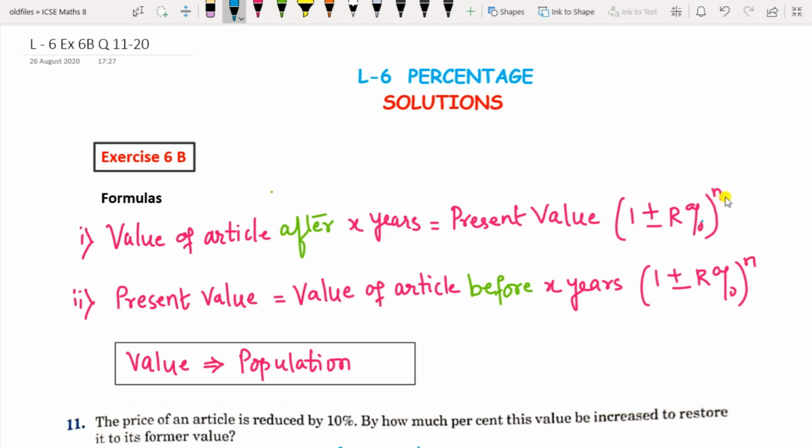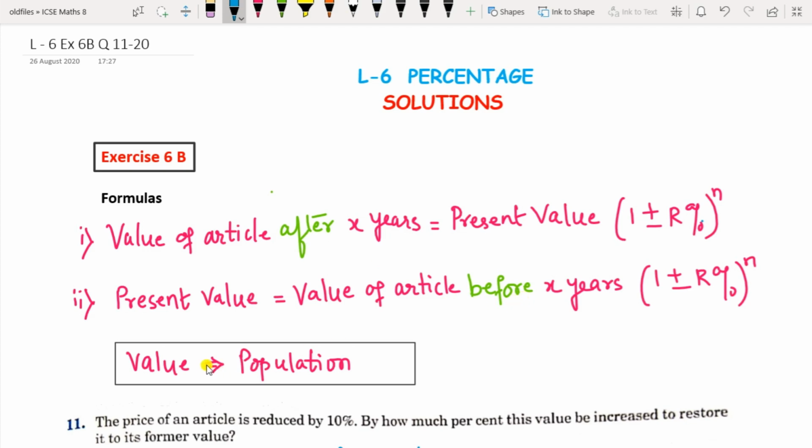Similarly, present value equals value of article before x years multiplied by (1 plus or minus r percent) raised to n. This is to find the value of the article after n years. Here the value of the article after n years will be on the left hand side, and to find it for before n years the value of the article will be on the right hand side.